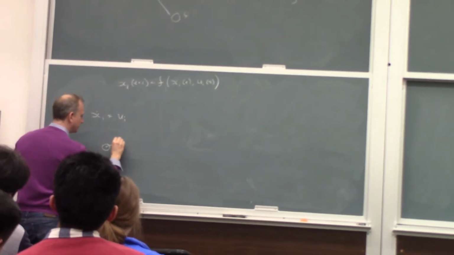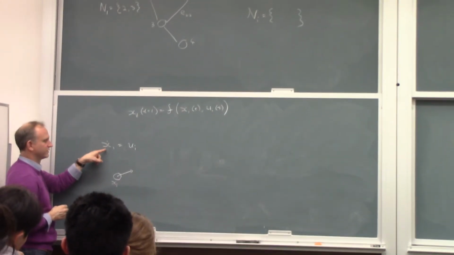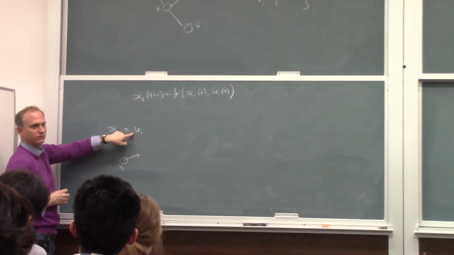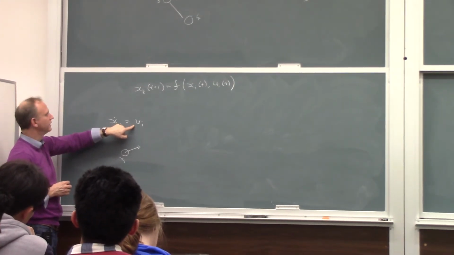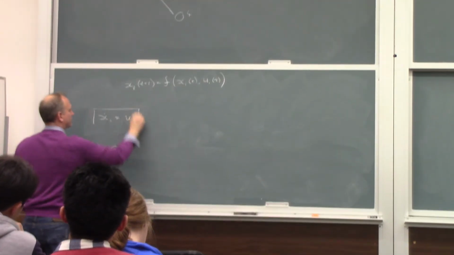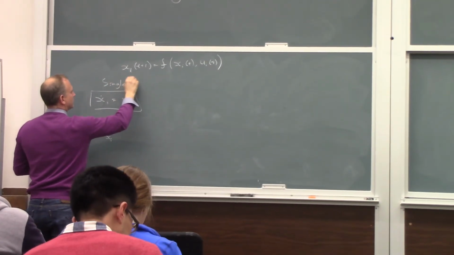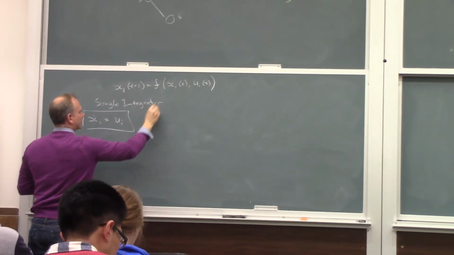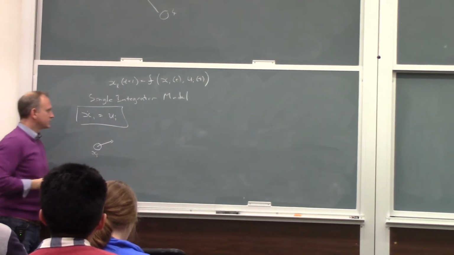And the way that it moves, so its state is xi, and xi dot is its velocity vector. So its velocity vector is something that you command directly. So this is velocity control. You're commanding the velocity directly. We call this the single integrator model.